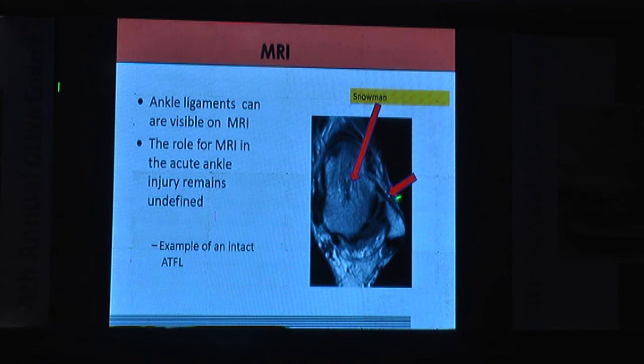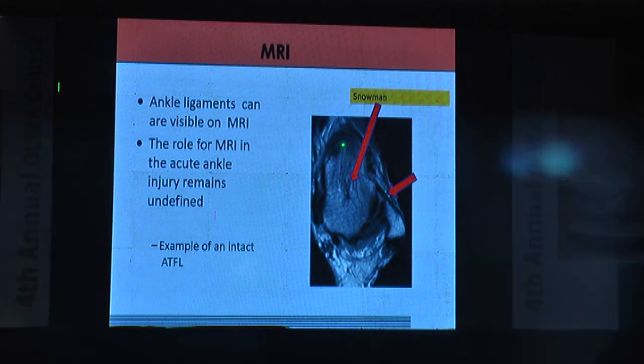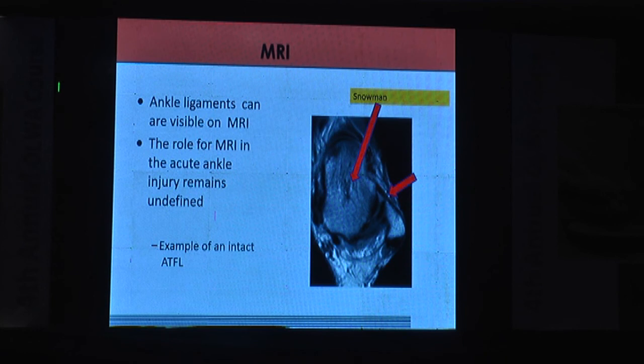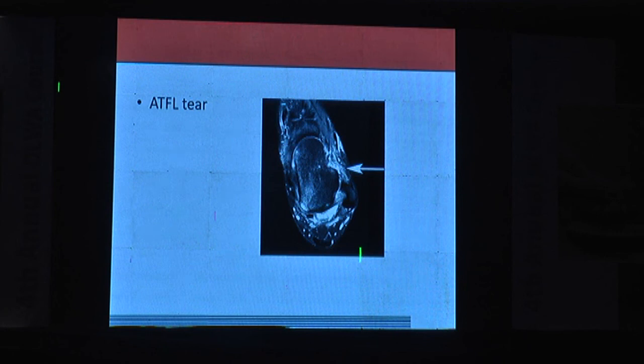That's an intact ATFL. And the section of the MRI where you comment on the ATFL is when you look at the talus as a snowman shape. When you look at the talus, that section of the MRI which is showing this shape of the talus, that is the section where you will comment on the ATFL, and that is where you do not see an ATFL in this case.